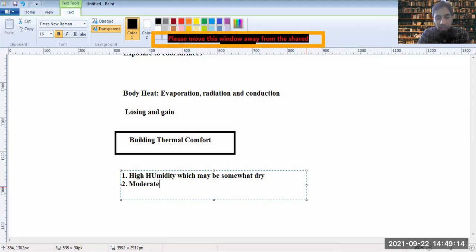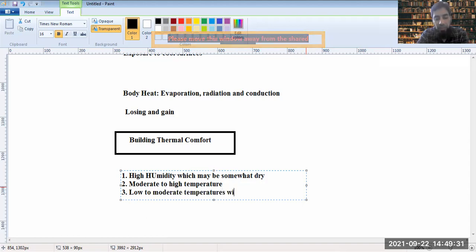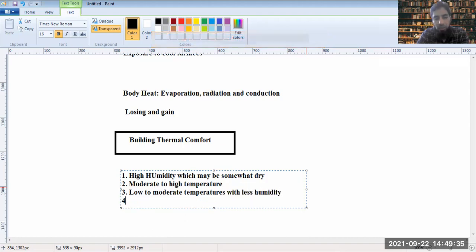So you have moderate to high temperature in another season, and you may have another season which has low to moderate temperatures with less humidity. And the fourth season you want to design for is freezing temperatures.